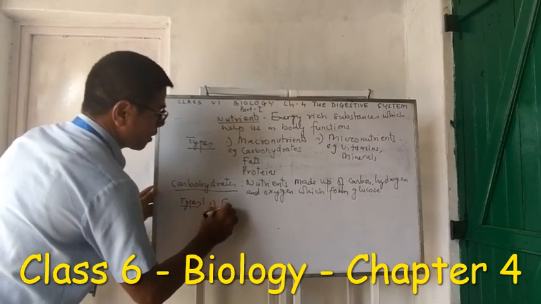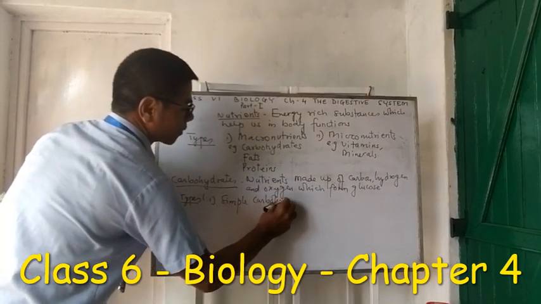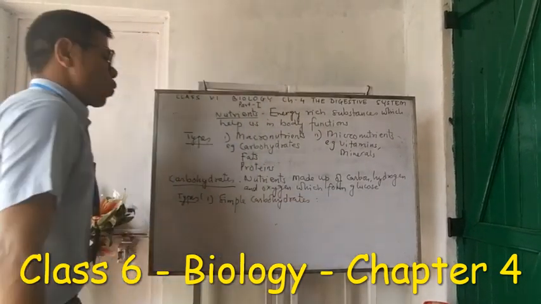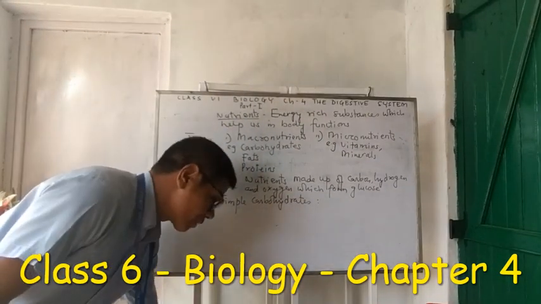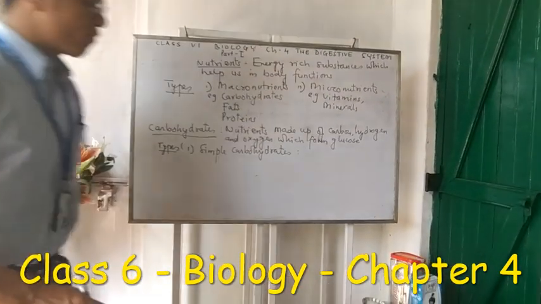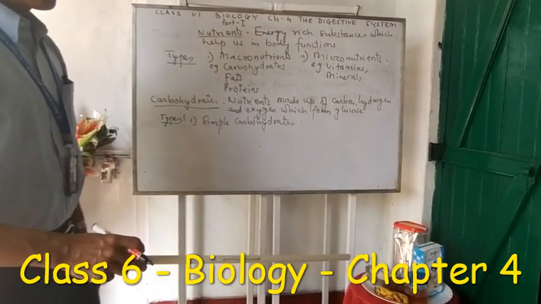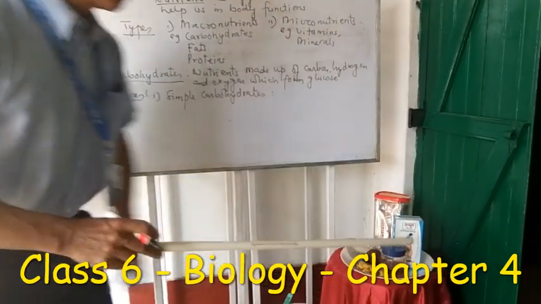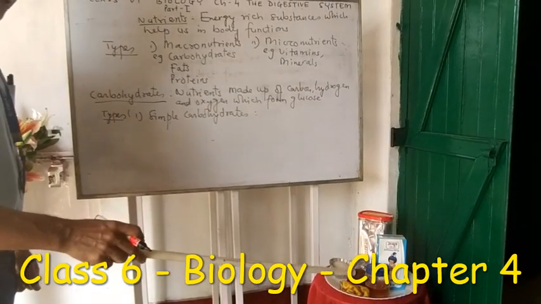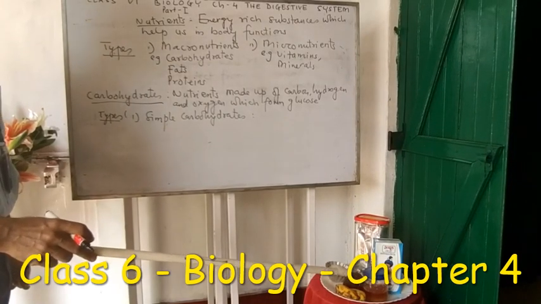Number one is simple carbohydrates. What are simple carbohydrates? Now, let us see the examples I have displayed for you. We have glucose, we have milk, we have sugar, jaggery, we commonly call gur, honey, and ripe fruits.